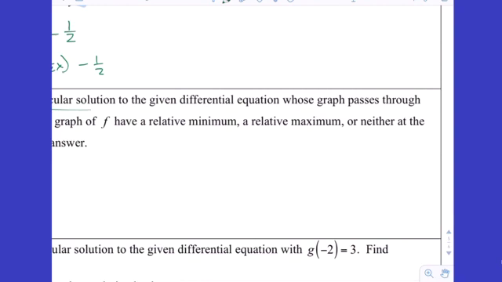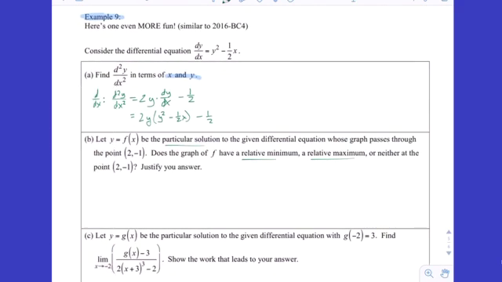So first of all, there's a couple things we have to do. First of all, local or relative max or mins, extrema, can only occur at what type of x values? Critical values, yeah. Critical values are places where the first derivative is either what or what? 0 or DNE, yeah.